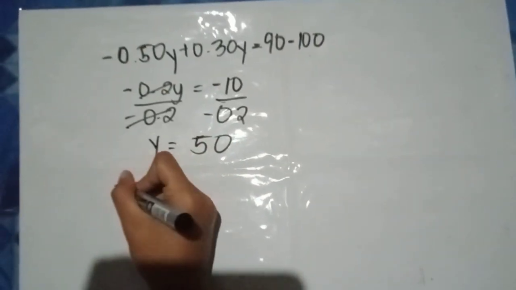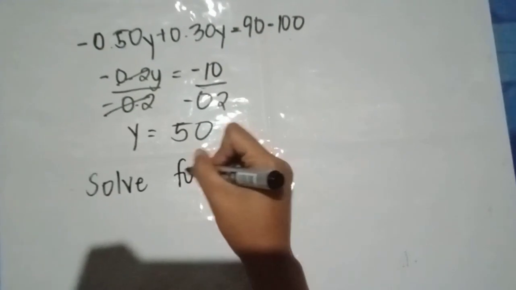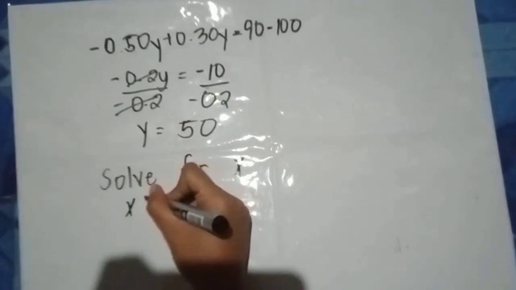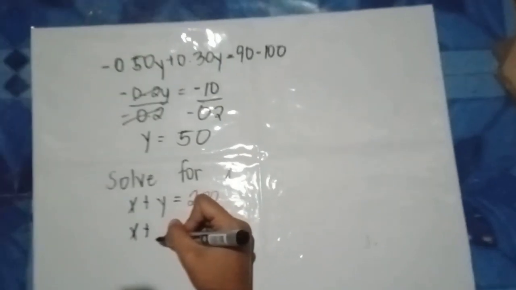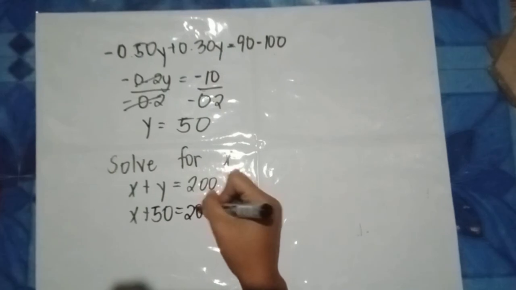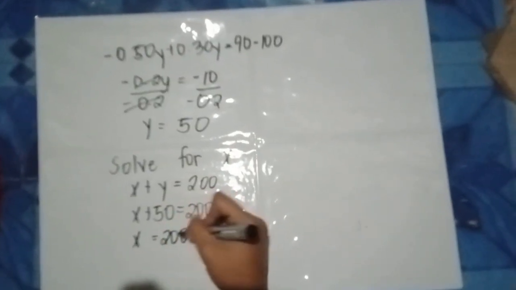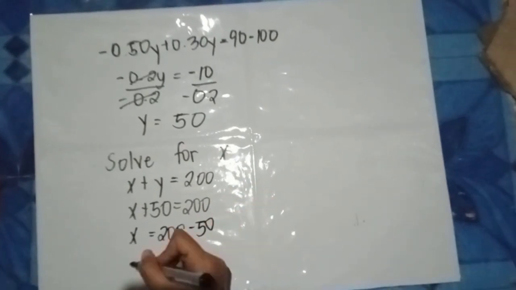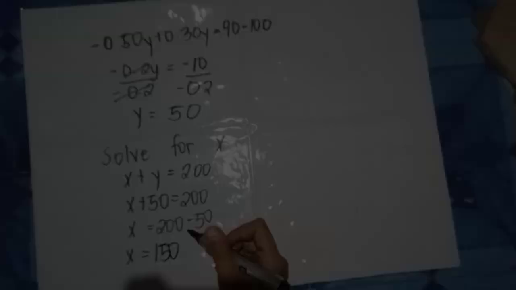Now, we can solve for x. x plus y equals 200. x plus 50 equals 200. x equals 200 minus 50. x equals 150.